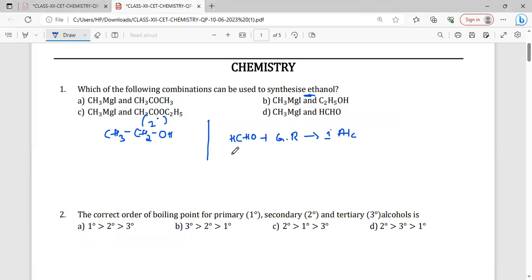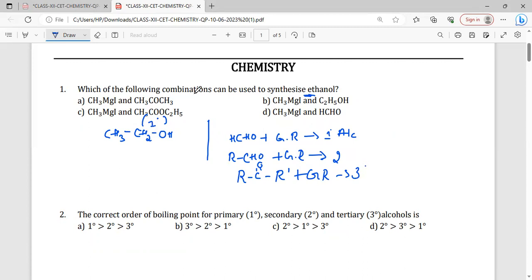When an aldehyde other than formaldehyde reacts with Grignard reagent, we will be getting secondary alcohol. And when a ketone reacts with Grignard reagent, we'll be getting tertiary alcohol, right?